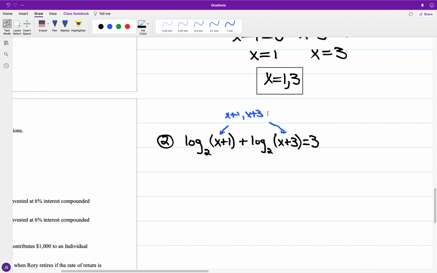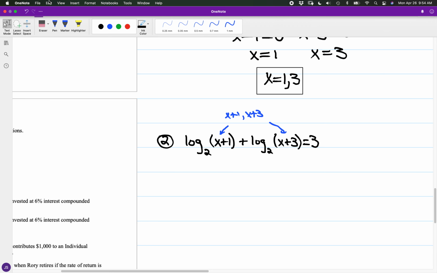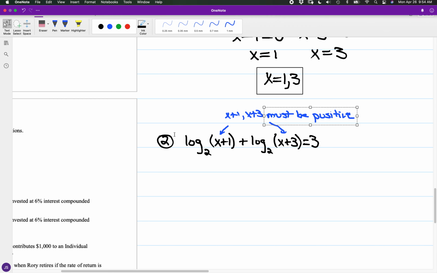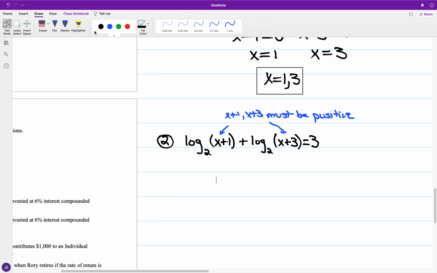And once again, both of these must be positive for whatever we have for x. Now we have the operation of addition between logarithmic terms in the same base, and again, addition is going to imply multiplication. So here we're going to have the base 2 logarithm of x plus 1 multiplied by x plus 3.